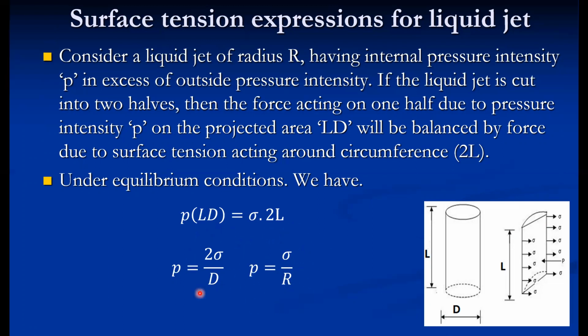In terms of diameter, it is 2 sigma by d for a liquid jet, 4 sigma by d for a liquid droplet, and 8 sigma by d for a soap bubble. So if you memorize only the liquid jet expression, multiplying by 2 gives the liquid droplet expression, and multiplying by 4 gives the soap bubble.